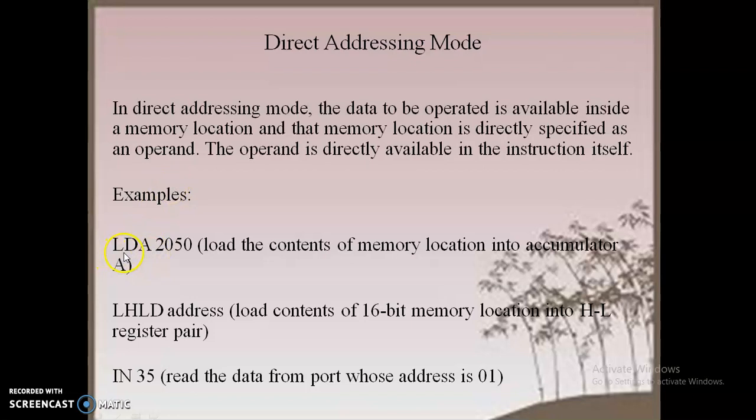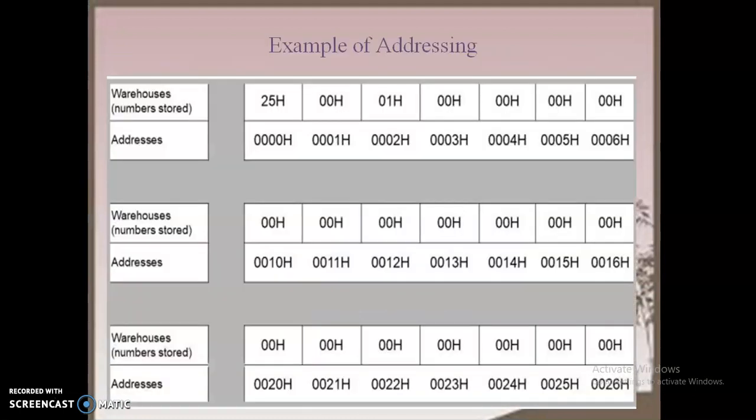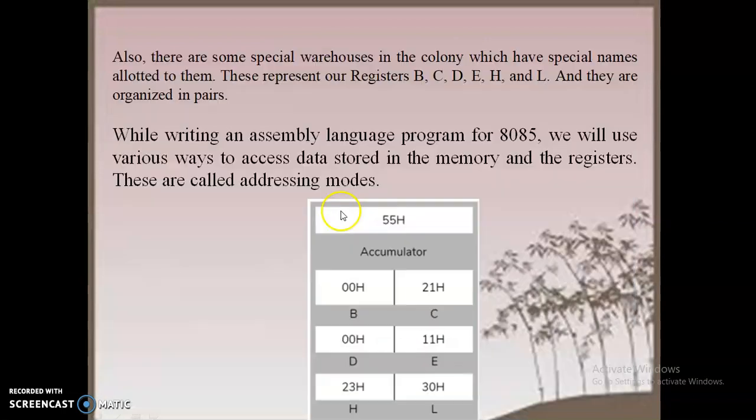So here, LDA 2050. LDA is the instruction, 2050 is the memory location. The meaning of this instruction is load the content of the memory location into the accumulator. As you can see in my previous example, this is the memory, these are all the addresses, and these are all the values.